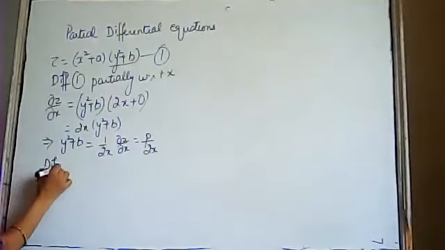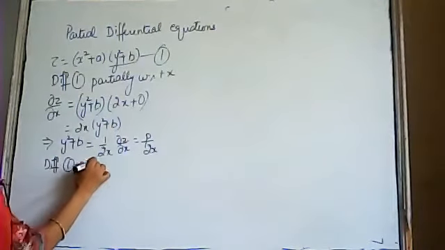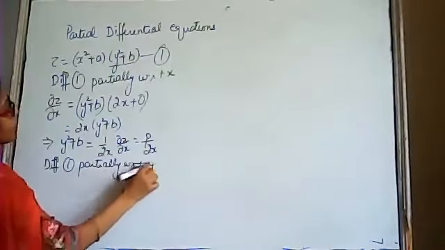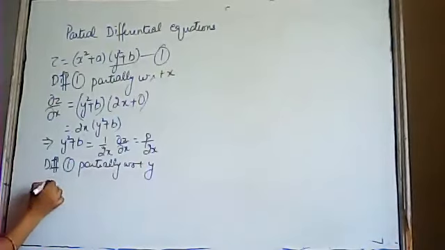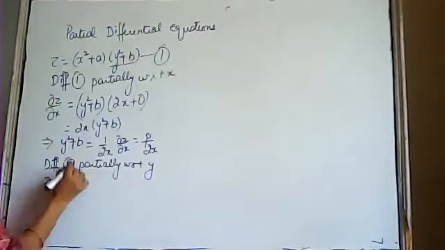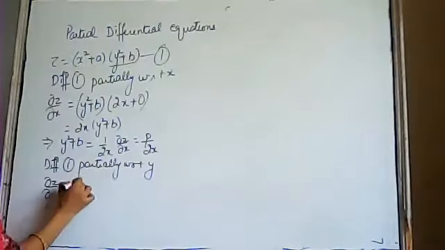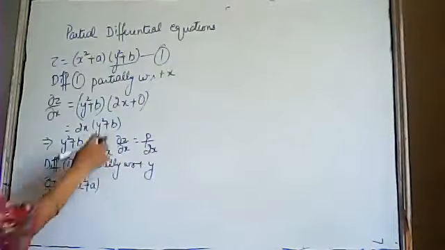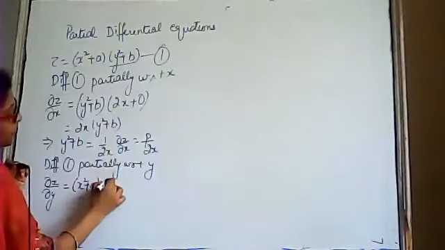Similarly, differentiating equation number 1 partially with respect to y. If we differentiate equation number 1 partially with respect to y, it will become curly z upon curly y equals to, now in this case, x square plus a will be treated as constant. So it will remain as it is. After that, differentiation of y square plus b.